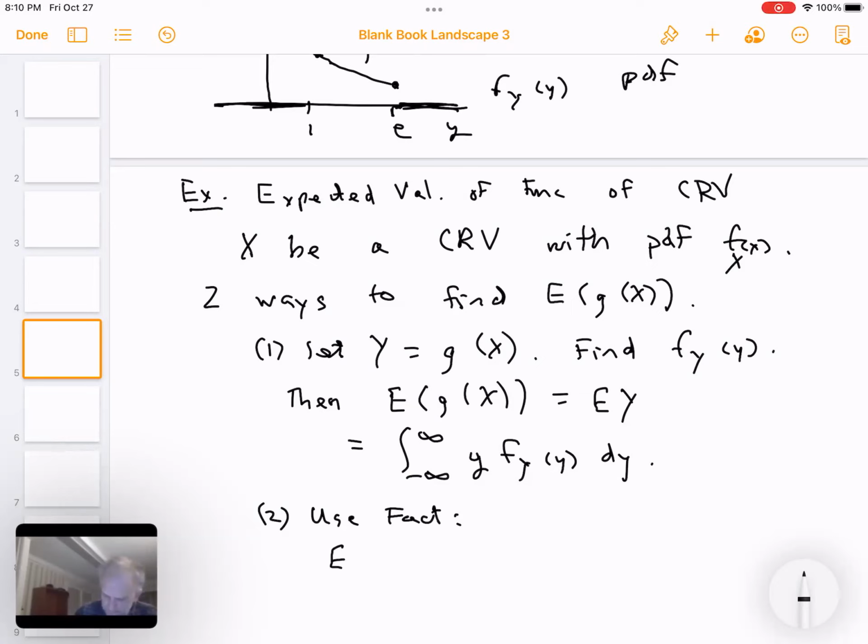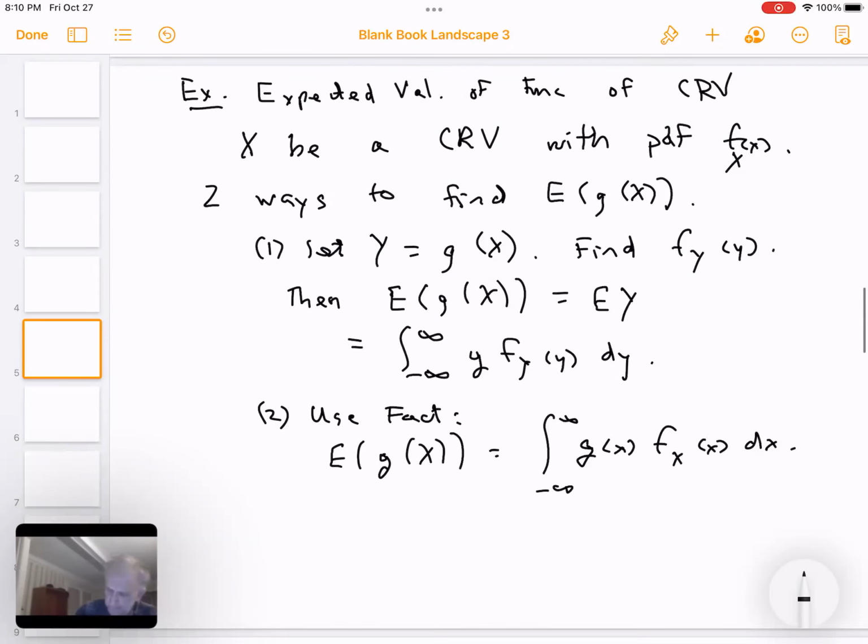E of g(X) is equal to the integral from minus infinity to infinity of g(x) f_X(x) dx.